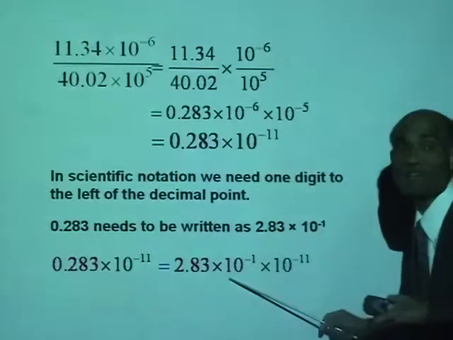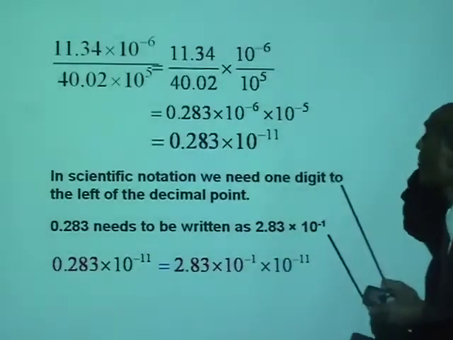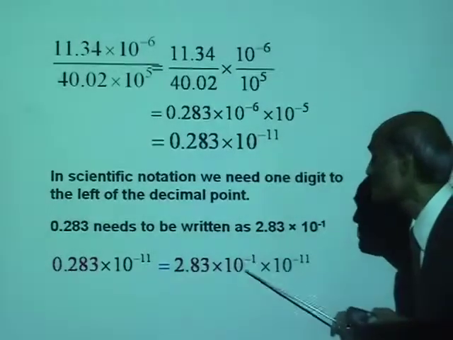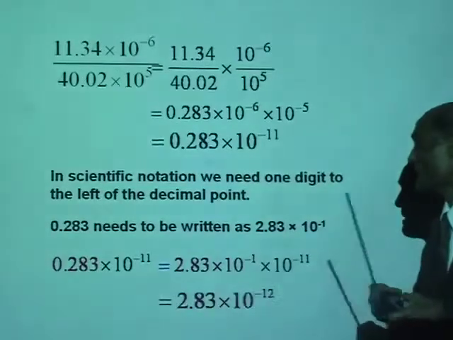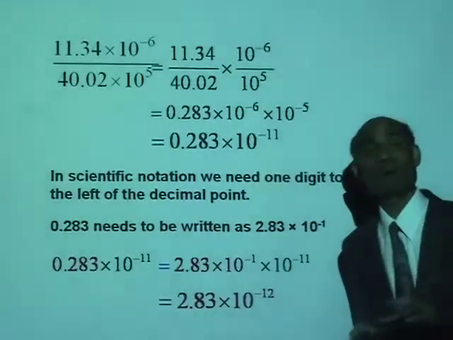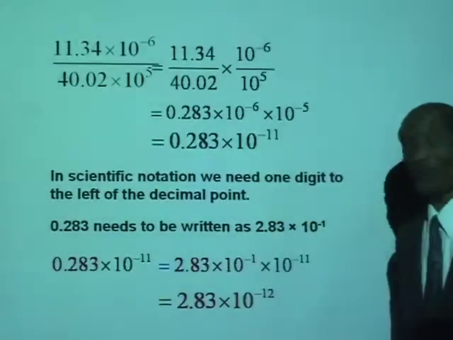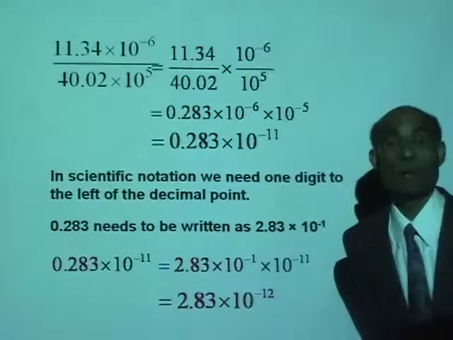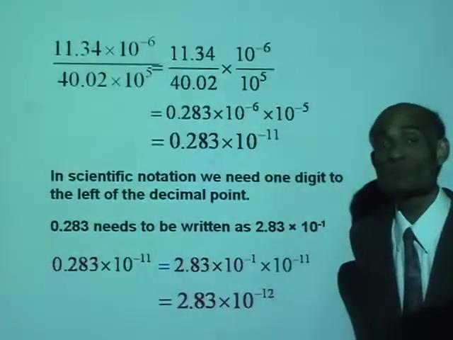What is 10 to the power of negative 1 times 10 to the power of negative 11? That will be 10 to the power of negative 1 minus 11. That is 10 to the power of negative 12. So the final answer is 2.83 multiplied by 10 to the power negative 12.